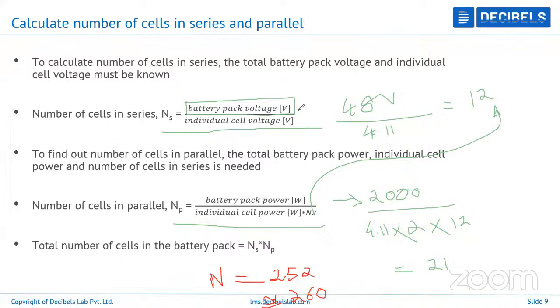You can feel free to choose whatever current value you wish to. But I have assumed that for a particular cell, it's a low power cell, so about 2 amps is the maximum amount of current it can supply. So I have chosen 2 amps just as an example value. And then you can just find out your NS, number of cells in series, and NP, number of cells in parallel. So with this, we find out the total number of cells in a battery pack.